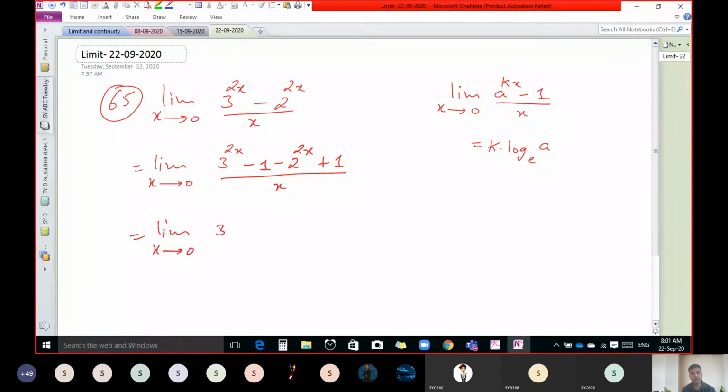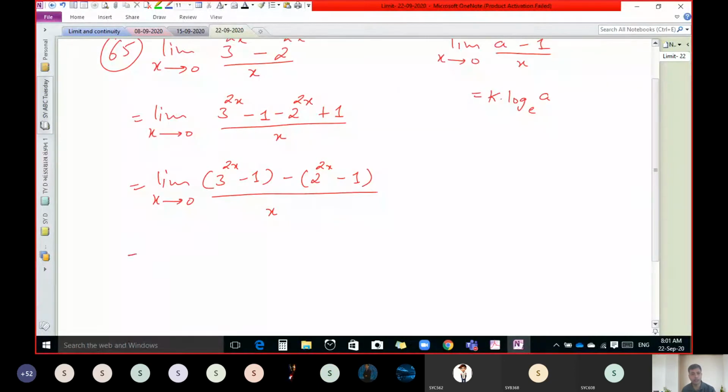Here 3 raised to 2x minus 1, keep in bracket. Take minus common from last two terms. So you will get 2 raised to 2x. Instead of this plus sign, we get minus sign. If we take minus common, sign will change. Divided by x. Now divide each term by x.